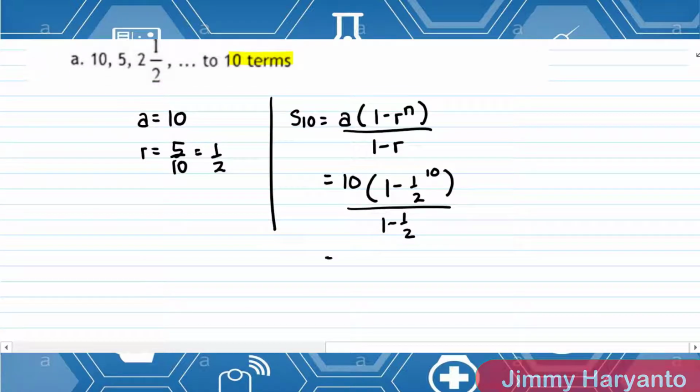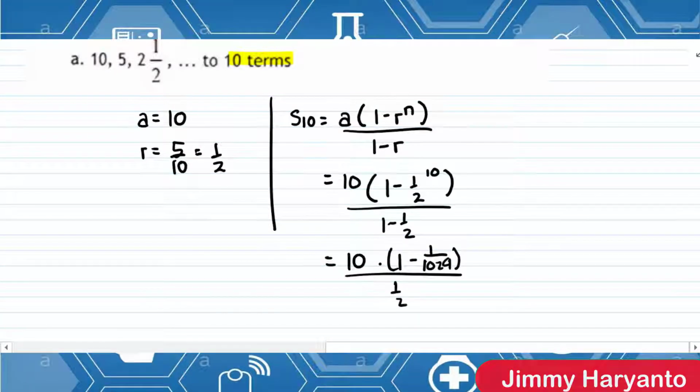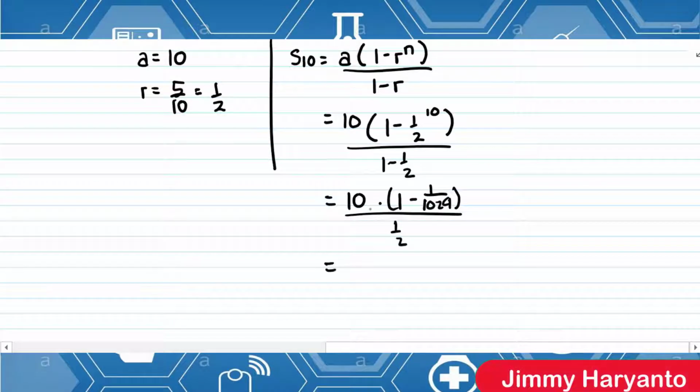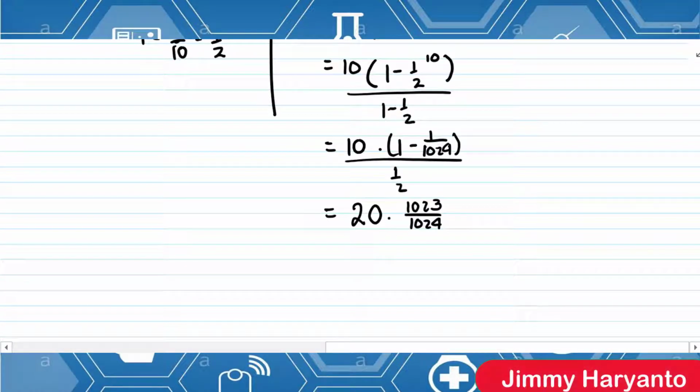Can we solve this? 10 times 1 minus 1 over 1024, over half. So when we divide 10 by the half, it will be 20 times 1023 over 1024. After that, divide by 4 maybe.